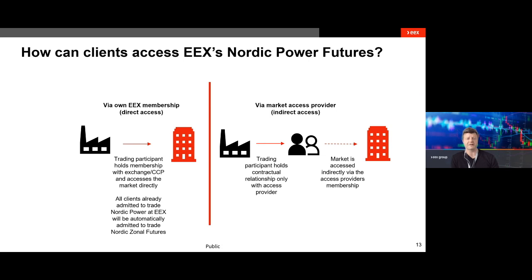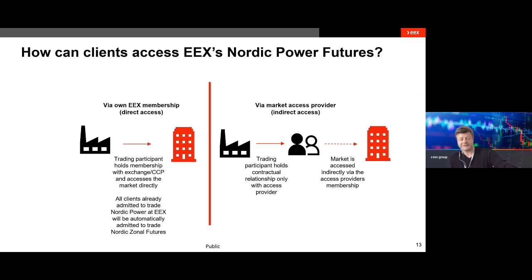We would usually say that companies which are trading on the EEX already stay to their preferred market model that they are using now. If you wish to go into this in more detail, I would suggest contacting your account manager or pinging an email to sales@eex.com if you have any specific questions and wish to cover that in more detail.